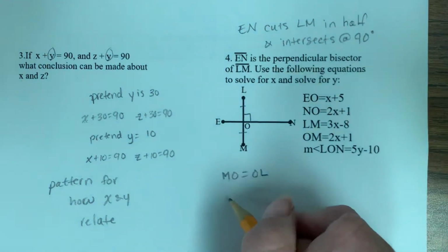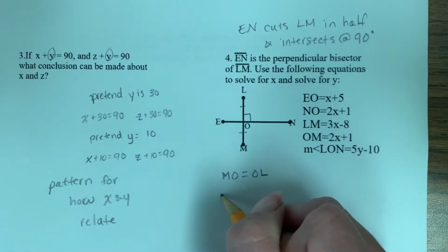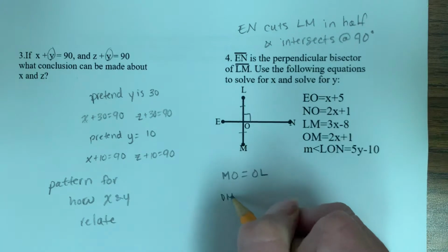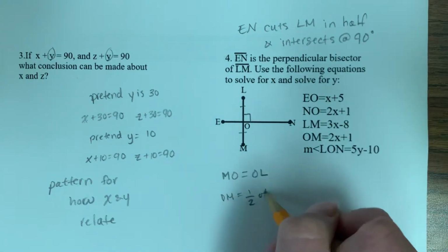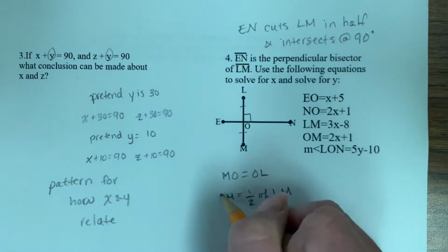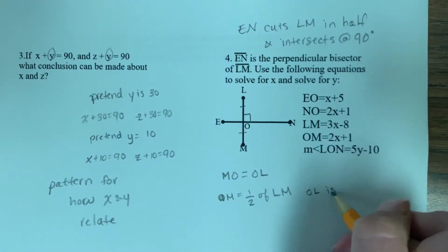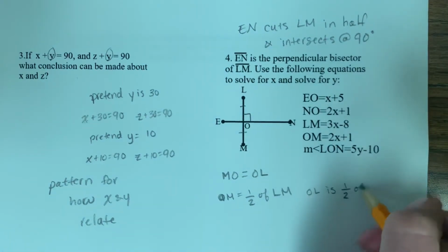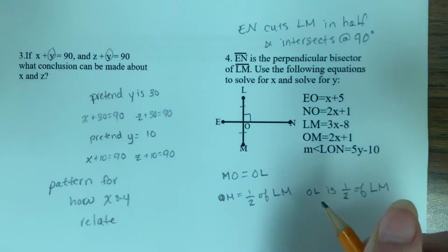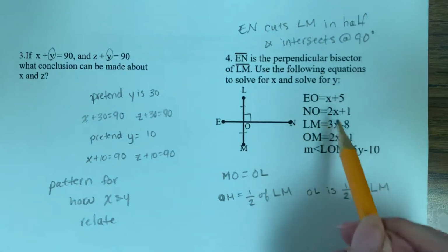I also know that OM is half of LM. And I know that OL is half of LM. So I'm going to be able to use a lot of this information.